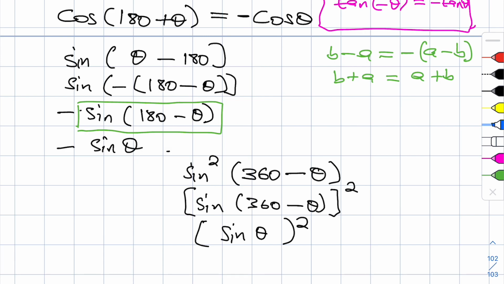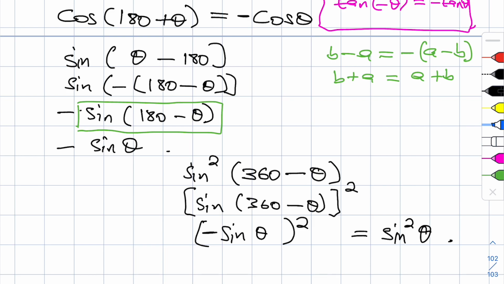Now it's the question of whether it's positive or negative. You look at this 360 minus theta, quadrant number 4, and in quadrant 4 sine is negative, so this becomes negative sine theta all squared, and if you square a negative it becomes positive, so this becomes sine squared theta.